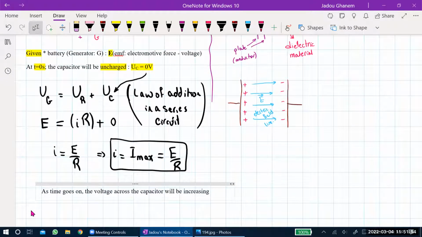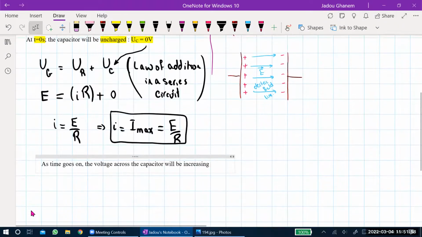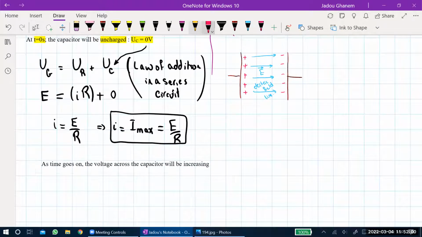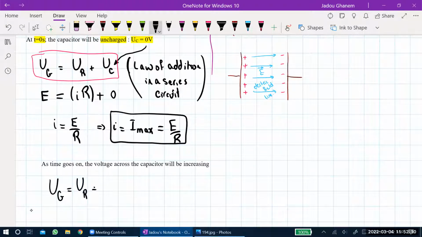And as you can see, using the same formula, let me just show you the main formula I'm talking about here, this one. If I try to copy it again, UG equals UR plus UC. If this one is constant, so UG is constant, it's E. And the capacitor is increasing its voltage.